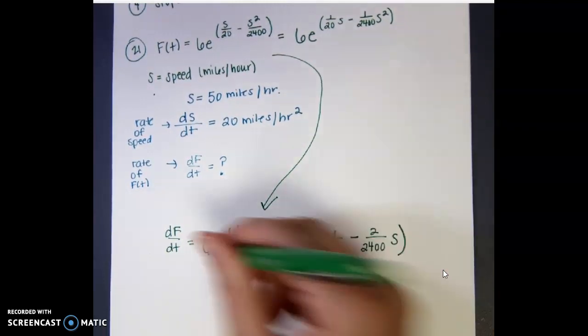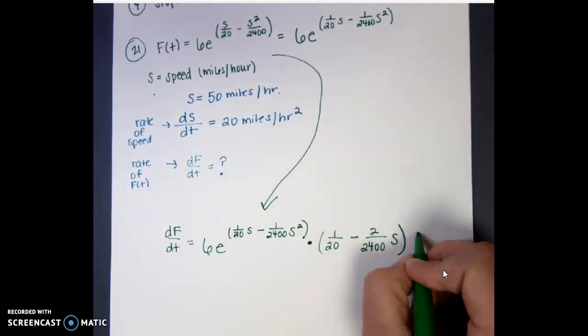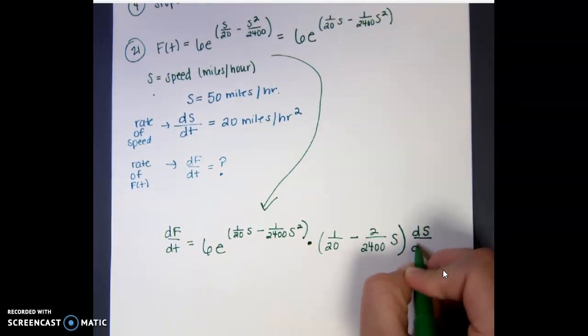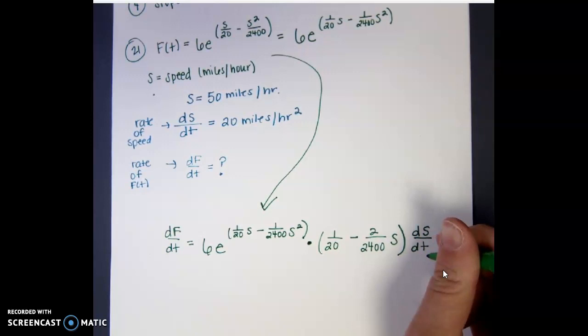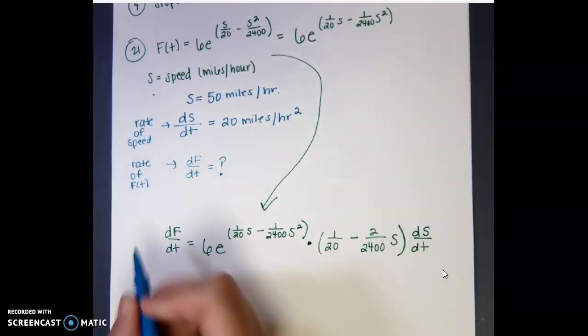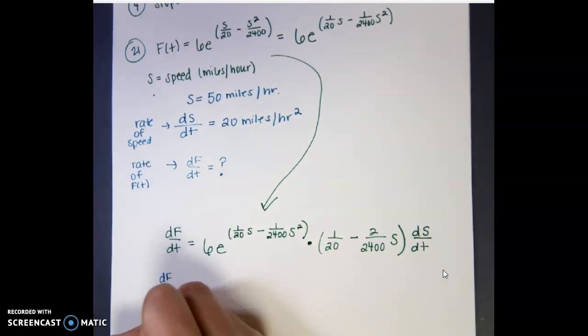And because we found the derivative of this whole thing, we're doing everything with respect to time, so you have to write ds over dt. So remember, in a related rates problem, every time you find the derivative, everything's with respect to time, so it's always over dt. So then we're trying to find df over dt.